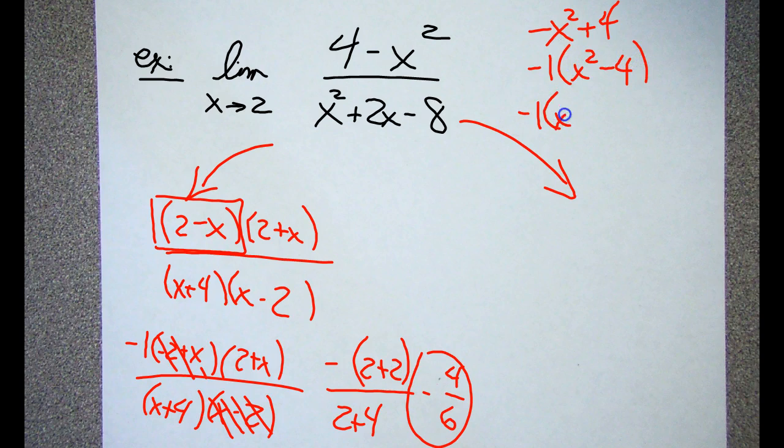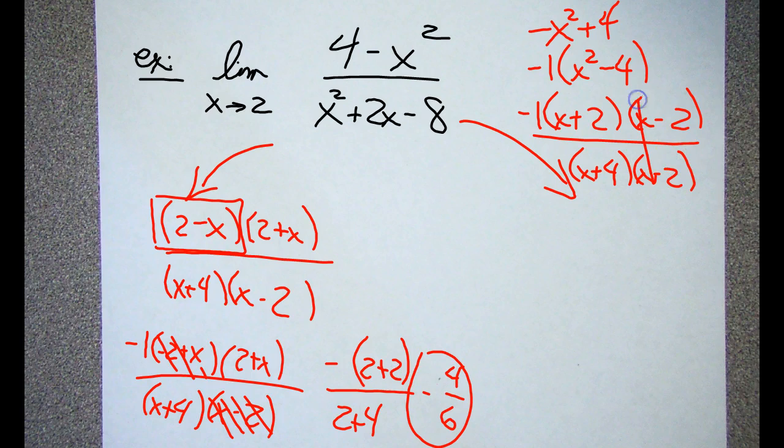Then I'm going to factor that x squared minus 4 into x plus 2, x minus 2. And you'll end up at the same spot. Your bottom would still be x plus 4, x minus 2. Those would go away, and you'll still end up with negative 4 over 6. And you still need that trick of factoring out a negative 1. It's just a question of whether you do it before you factor that first thing or after. So either one of those is legit.